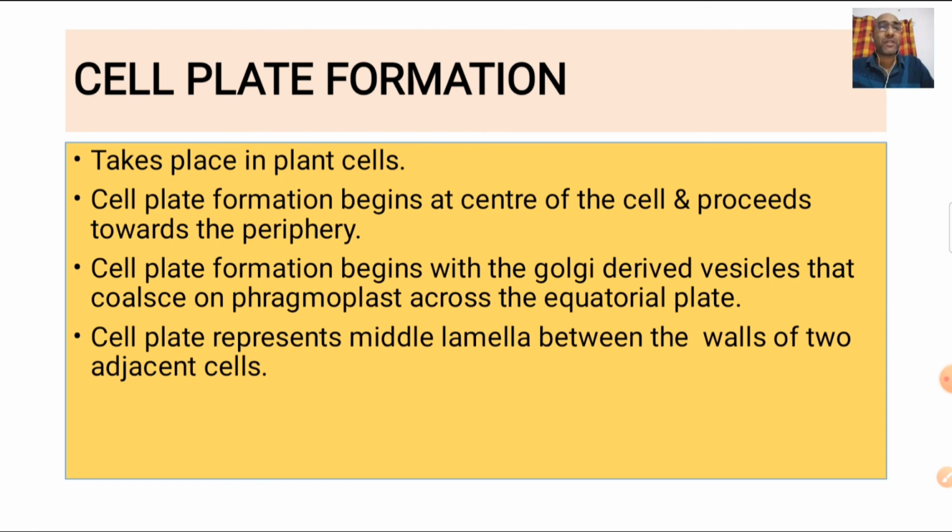The cell plate represents the middle lamella between the walls of two adjacent cells. I have already told you the cell wall structure: primary cell wall, secondary cell wall, middle lamella, tertiary wall.